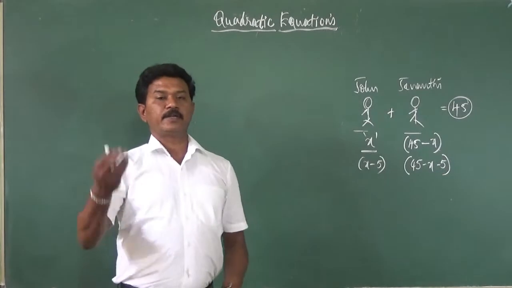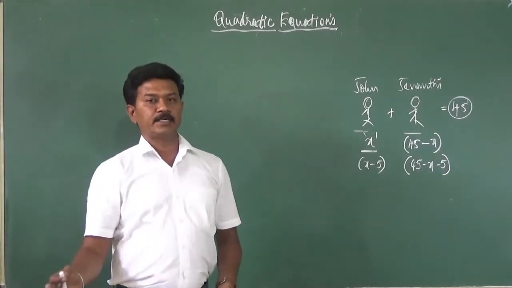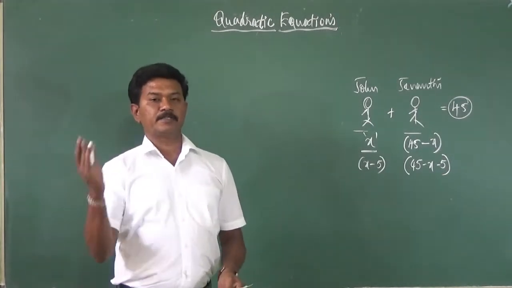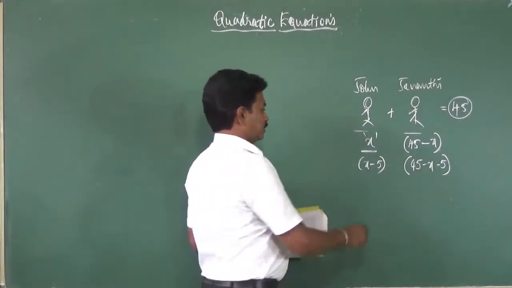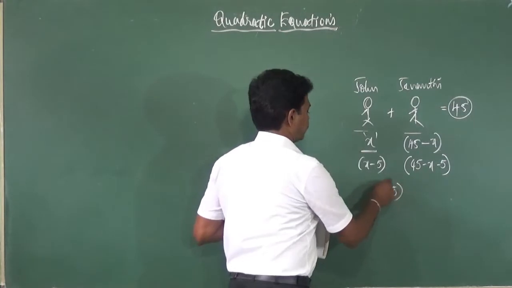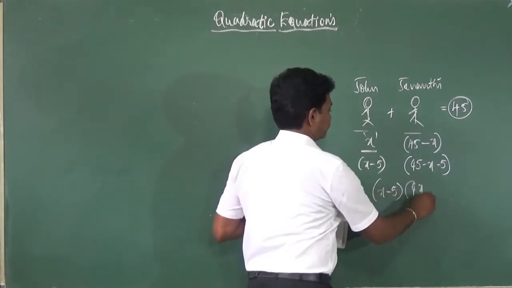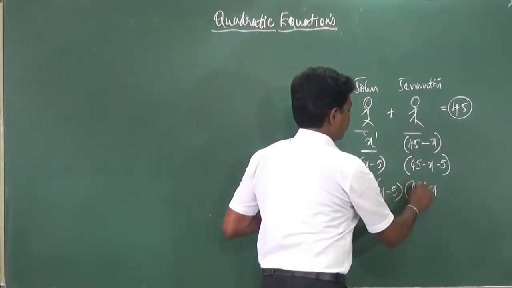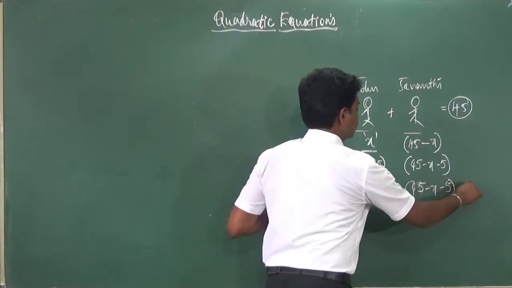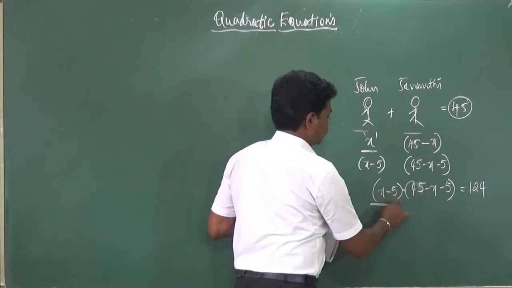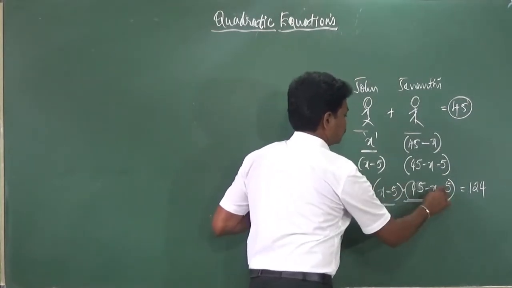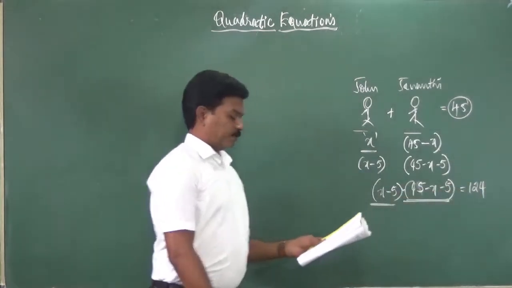That is, after losing 5 marbles each, the product of the number of marbles with both John and Jivanti is 124. That is, if you multiply x minus 5 and 45 minus x minus 5, it is 124.